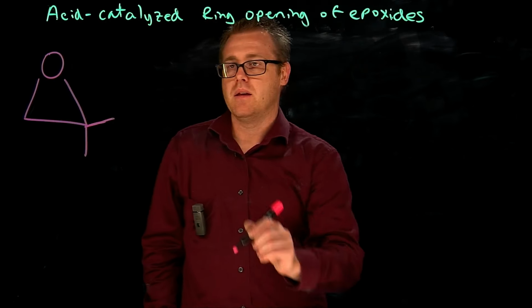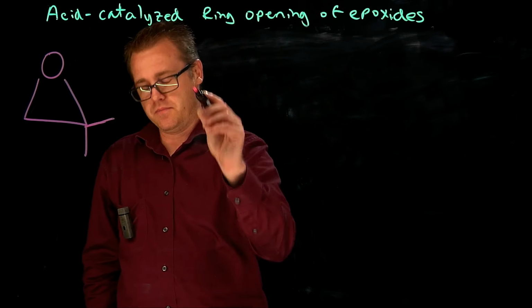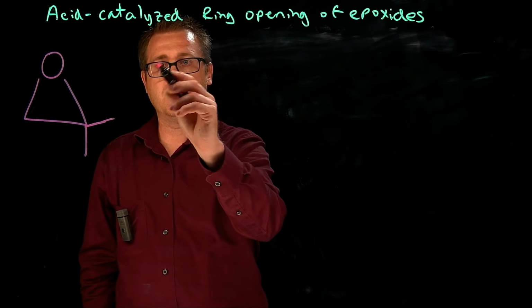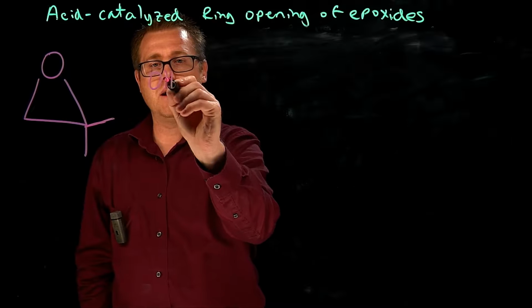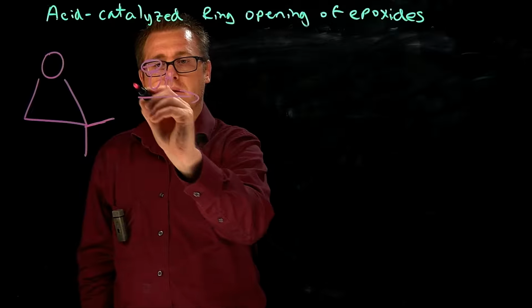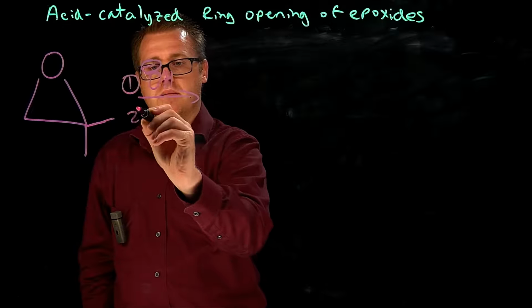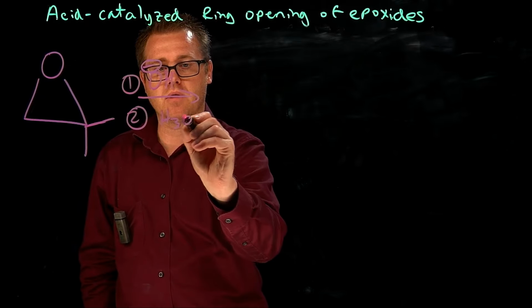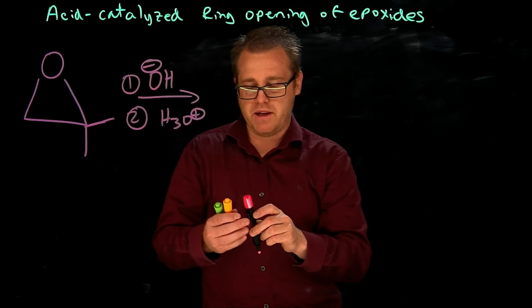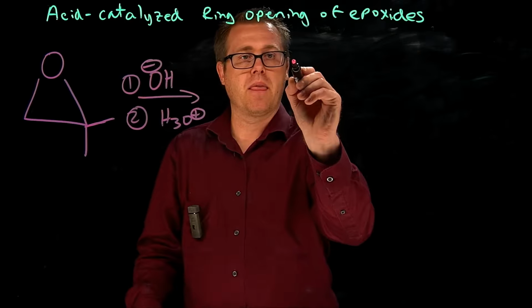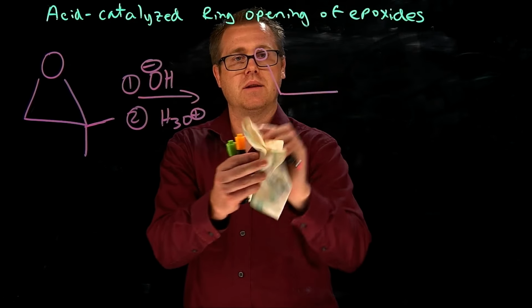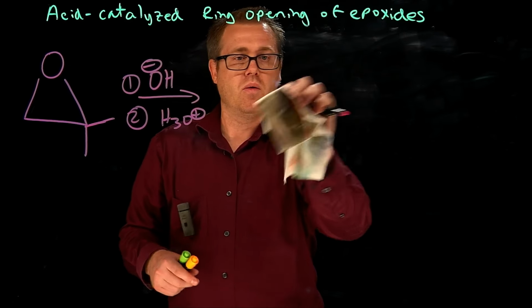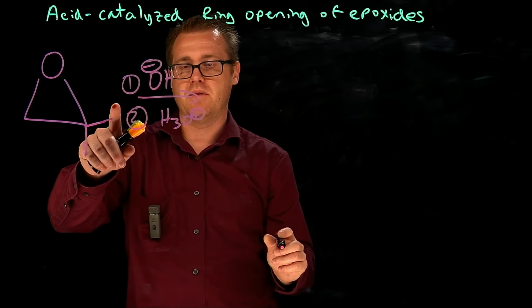All right. And if we treat it with, let's say, hydroxide, step 1, and step 2, we do our acidic workup. What's the major product going to be? Well, this is the type of problem we've seen before.